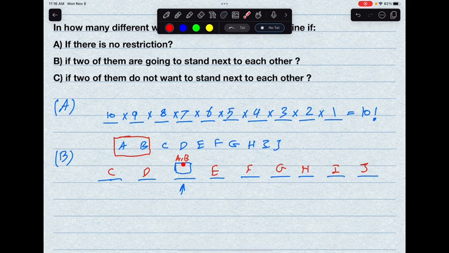It can be AB and it can be BA. So we can have C, D, A, B, E, F, G, H, I, J, or C, D, B, A, and then E, F, G, H, I. For any arrangement of these 9 units, one of which is AB, there are 2 possibilities for AB.